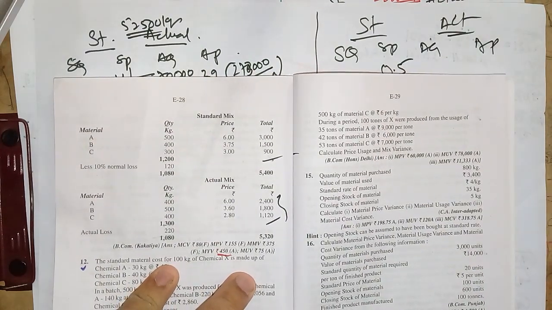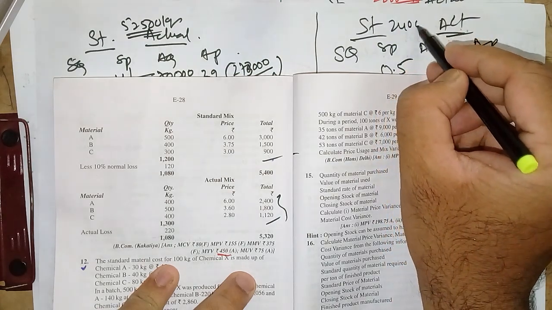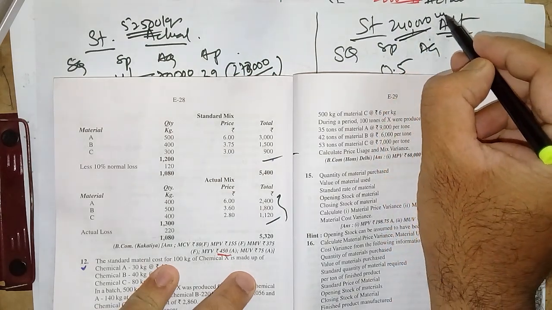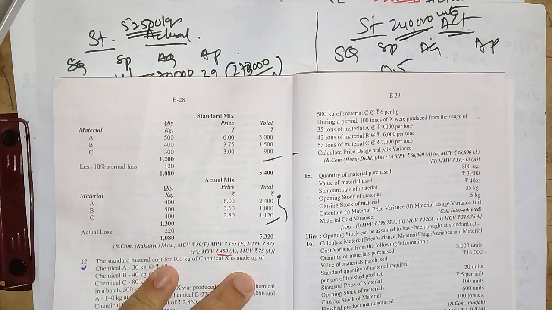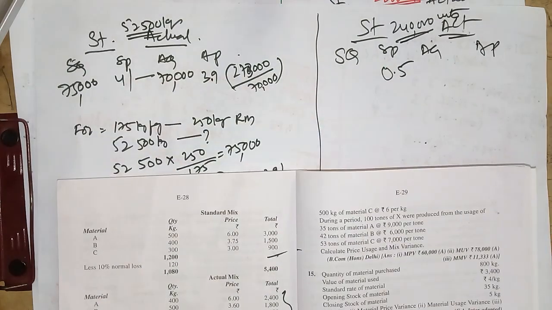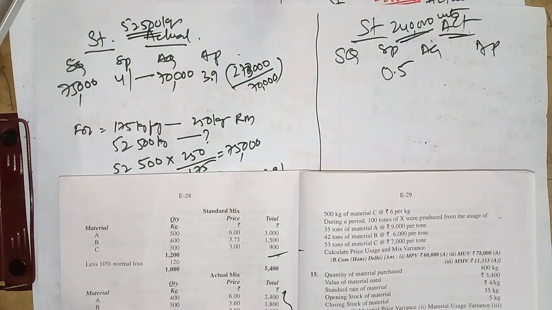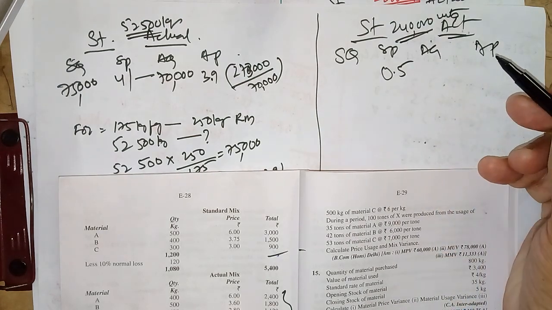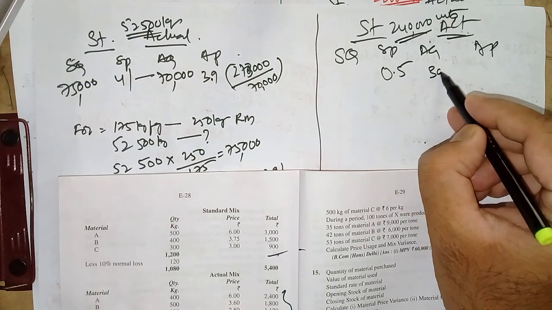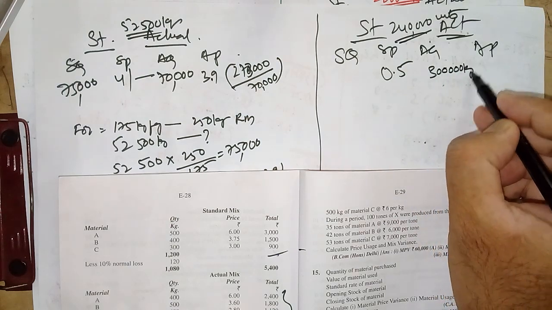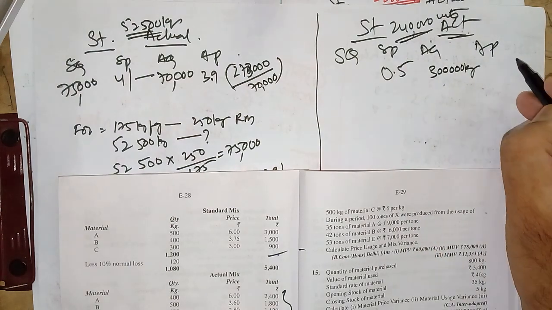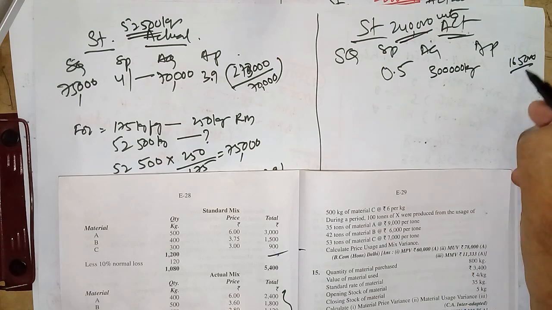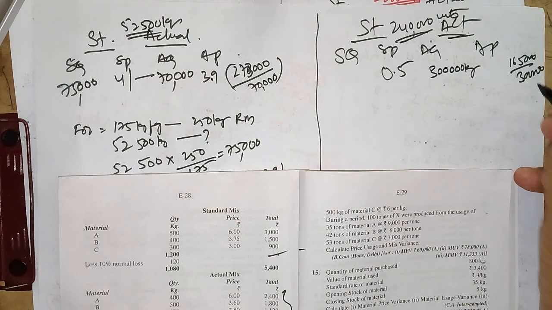For production of how many units? 2,40,000 units, right? Then next what we need to do: actual material consumed, total material consumed is 3 lakh kgs.